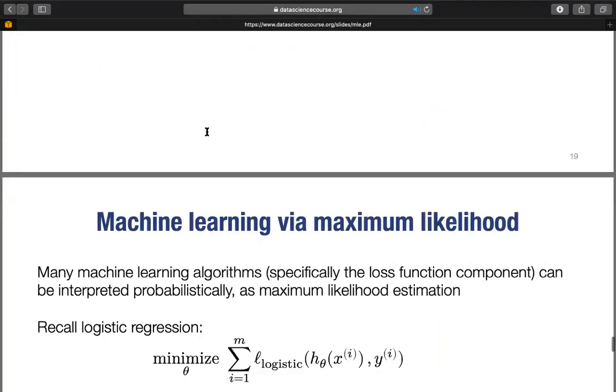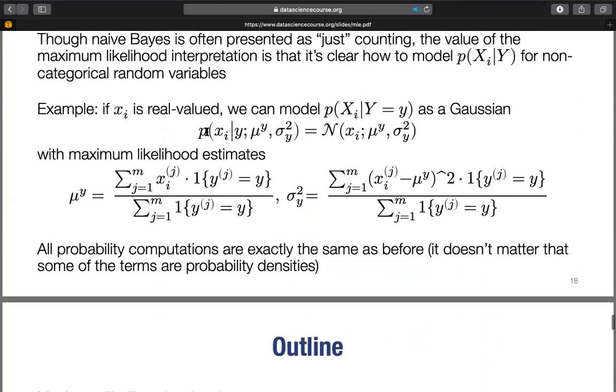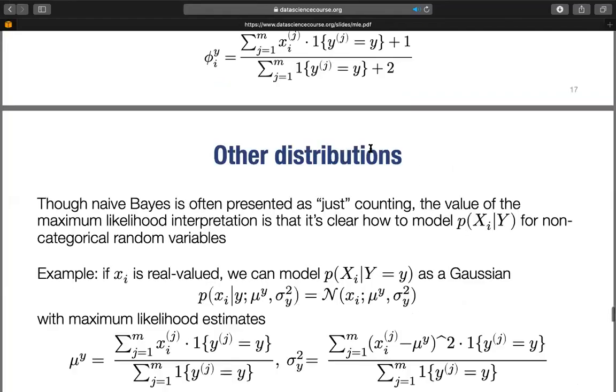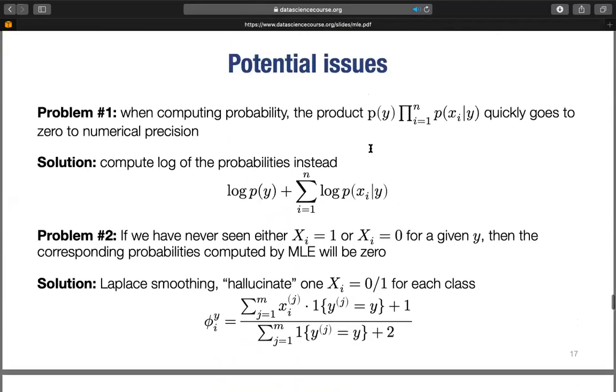Can you see the slide now, or what can you see now? Because it seems like I've lost track of it. Let me try and share it again. Okay, you should be able to see what I have now.